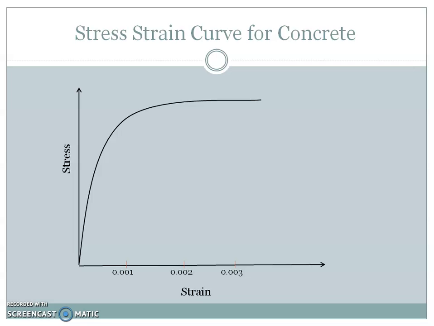After a strain of 0.002, it will be parabolic and then the slope becomes 0 up to an ultimate strain of 0.0035. Now this curve shown is for the compressive strength of a concrete cube of size 150 mm by 150 mm by 150 mm, and it's the characteristic curve of the cube.